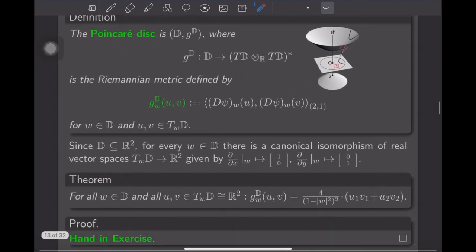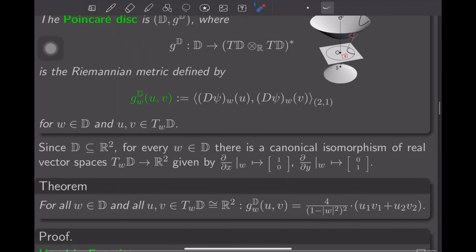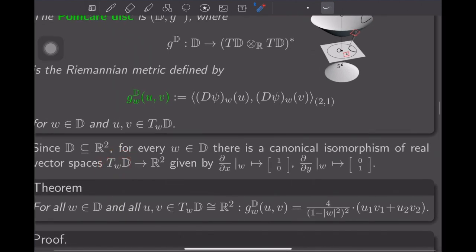You see, seeing this tangent plane abstractly, as the space of derivations that satisfy the Leibniz rule.